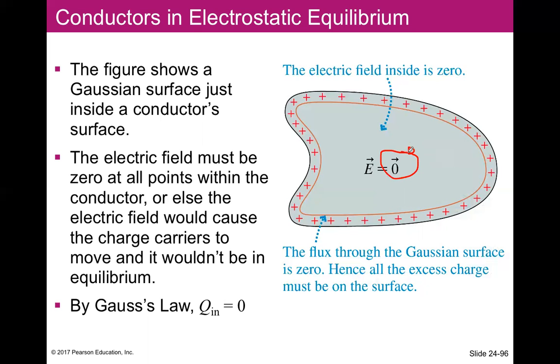Inside the surface, there shouldn't be any charges. Net charge is 0, therefore the flux is 0, then E should be 0 at any place. So the conclusion is for a conductor, the Q inside is 0, the net charge is 0 inside, and the electric field is 0.